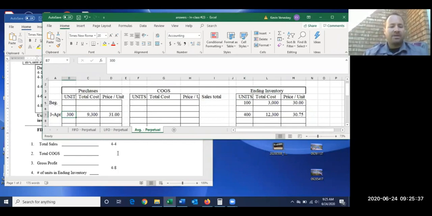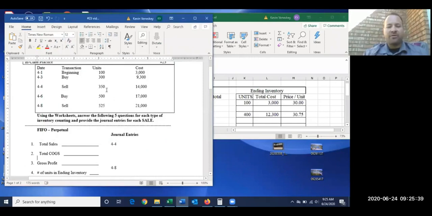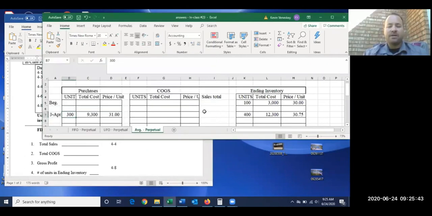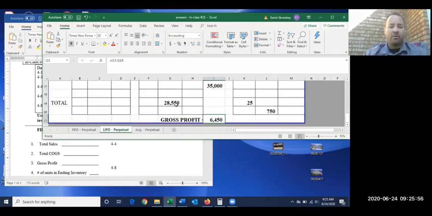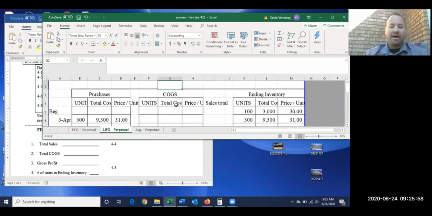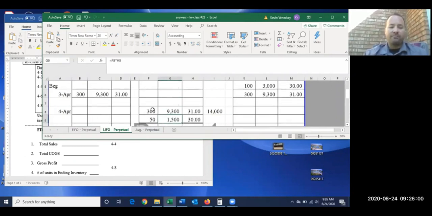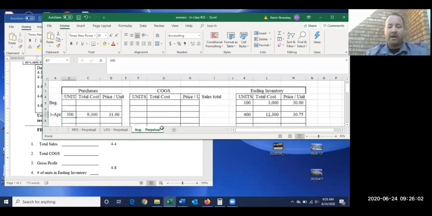Now, when I get ready to make my sale, still selling 350 items, I'm still bringing in $14,000. It's just my cost of goods sold is going to be slightly different. I'm going to be using this number to get my cost of goods sold, and I'm only going to have one amount. Unlike with LIFO or FIFO, where I had two different batches, now I only have one batch.